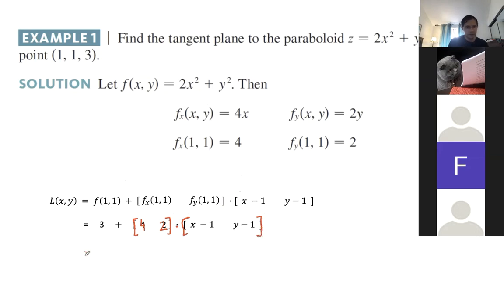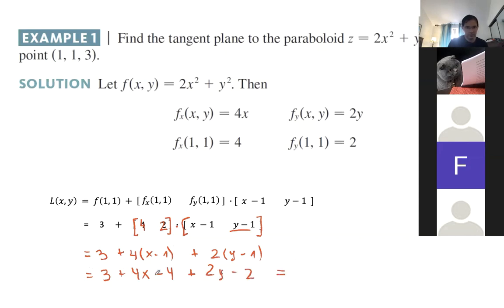So this is going to be equal to 3 plus, how do we multiply the dot product? This is 4 times x minus 1, and plus 2 times y minus 1. So this is going to be equal to 3 plus 4x, and then minus 4, and then plus 2y, and then minus 2.